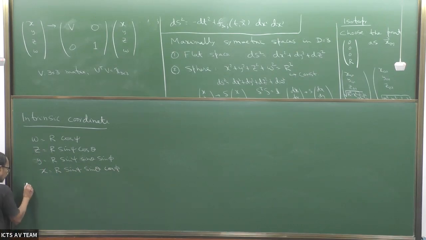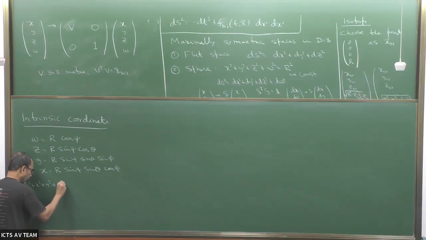Then it's easy to check that w squared plus x squared plus y squared plus z squared equals r squared. This just solves this equation.